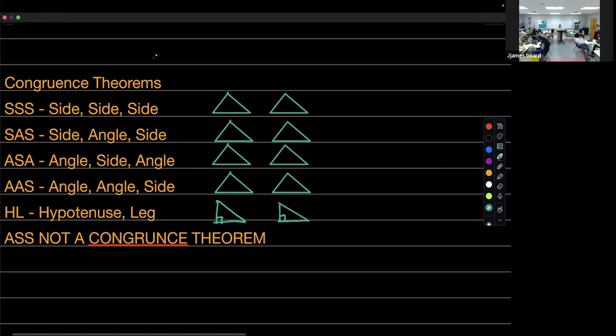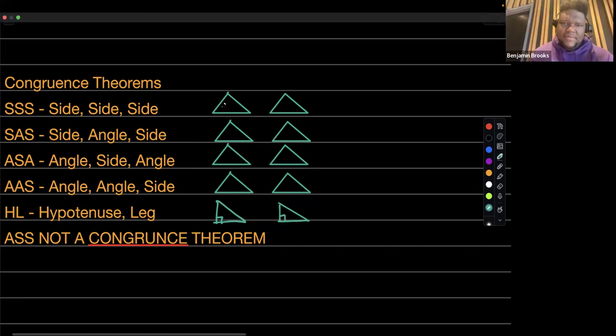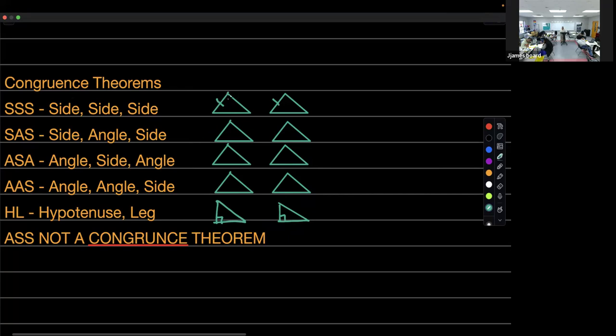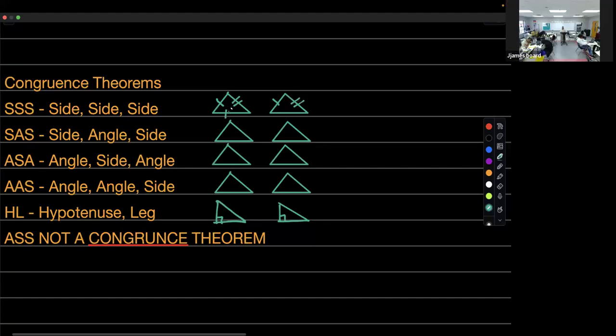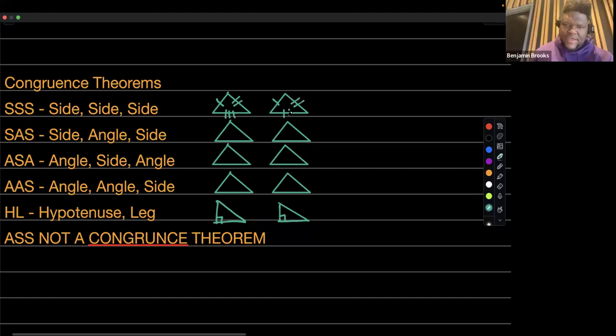All right. Side, side, side theorem. Side, side, side is very simple. What you're saying in the side, side, side theorem is that all of your sides, say these two sides are congruent to these two sides, and then it's congruent to these two sides.